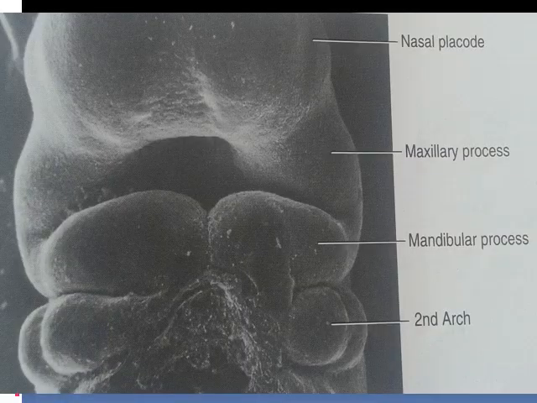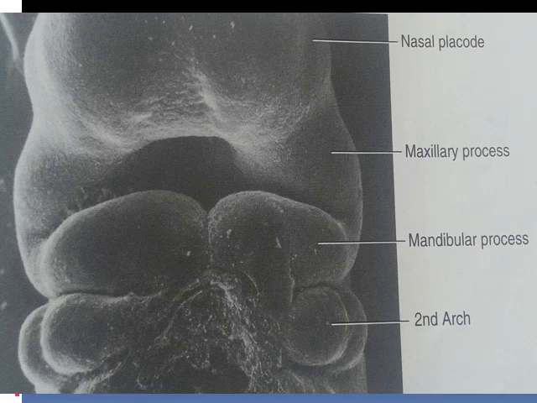This is an actual electron micrograph picture of an embryo. Here you can identify the stomodium, the gap in the middle. You can see the frontonasal prominence being represented here by the term nasal placode. Caudal to the stomodium, you can identify the mandibular process, and on either side of the stomodium you can see the maxillary process.